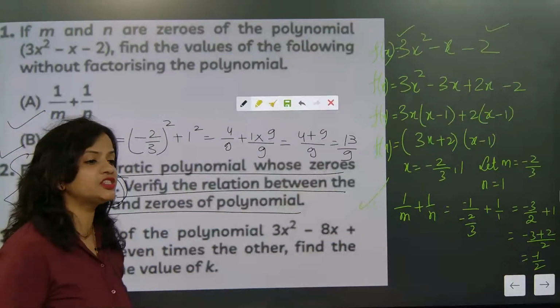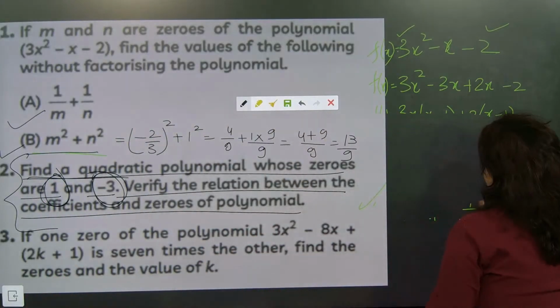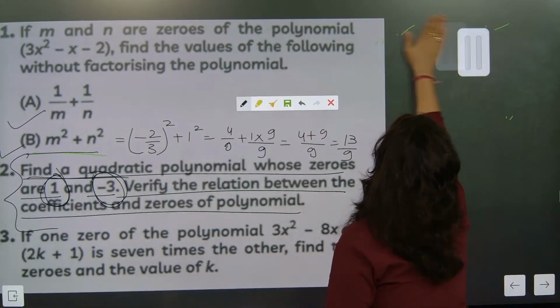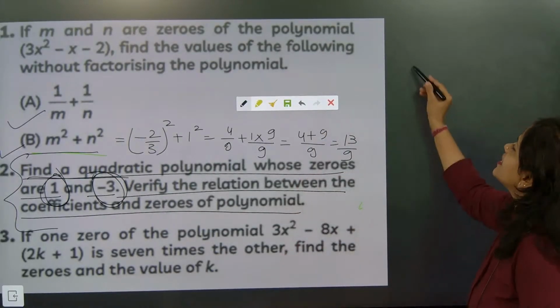What is the verification? Verification of alpha plus beta, what we have studied. Whenever somebody tells you to verify a quadratic polynomial, the simplest method: what is the quadratic polynomial written as?